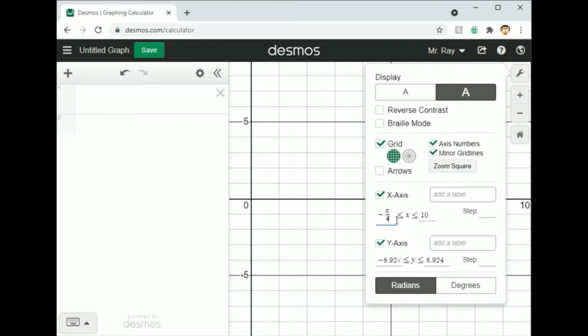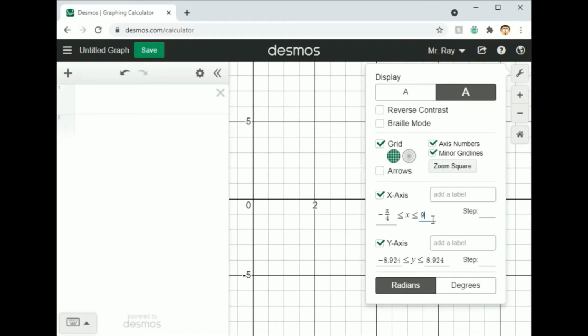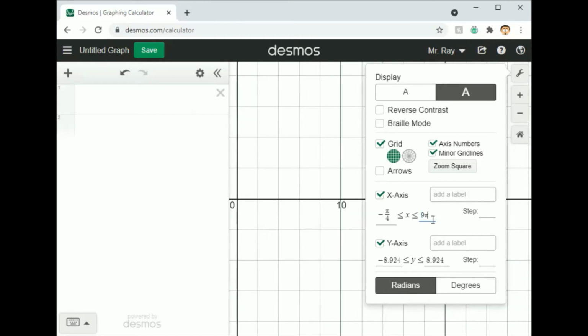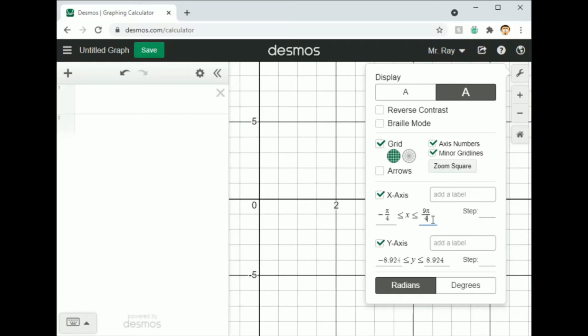Let's go from negative pi over 4 to 2 pi plus pi over 4, which would be 9 pi over 4. Now, the reason I always do that is because if you wanted to go from 0 to 2 pi and you make those the very sides of the graph, it usually screws up the axes because they're sitting right on the edge. So I usually go a little bit down and a little bit up.